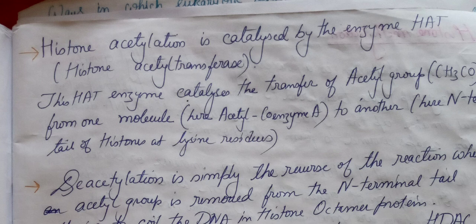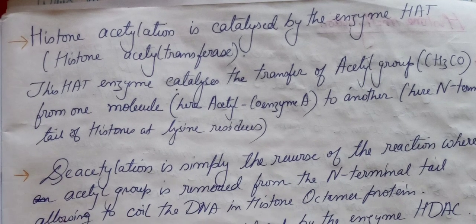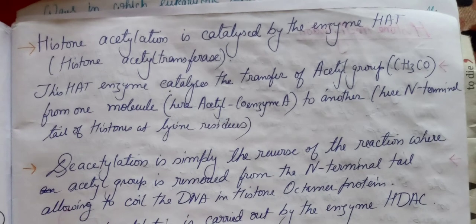The full form is histone acetyl transferase. This HAT enzyme catalyzes the transfer of the acetyl group, which is CH3CO, from one molecule, that is from acetyl coenzyme A.